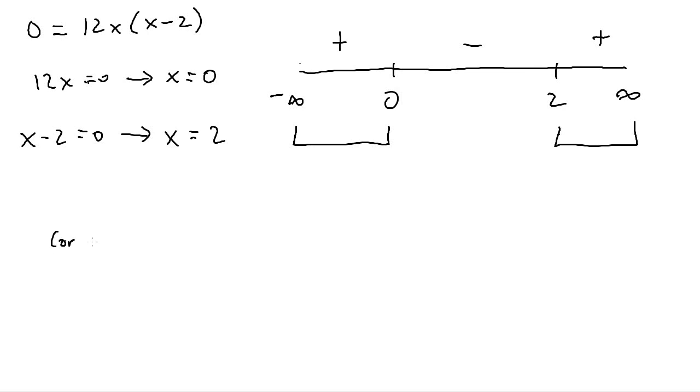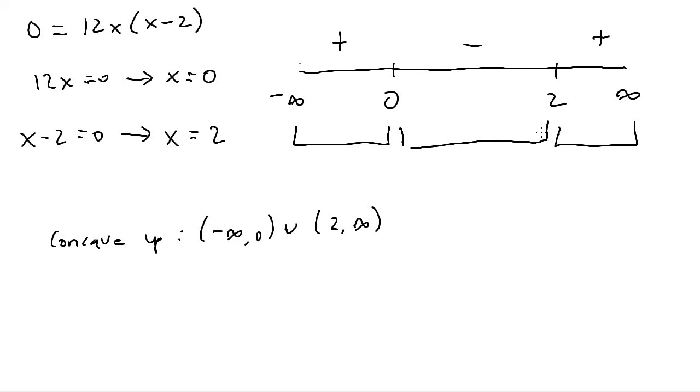So I'm going to say concave up from negative infinity to 0, union 2 to infinity. And there's only one interval where it is concave down, or where the second derivative is negative, and that is from 0 to 2.